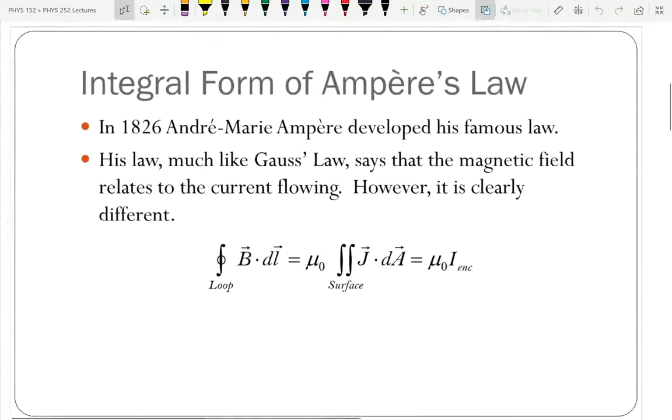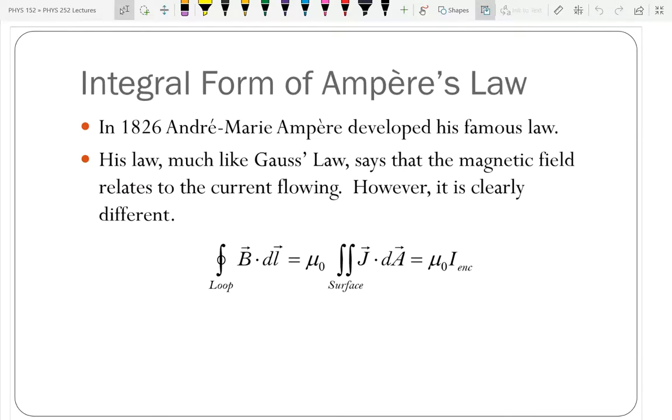Just a little history. It was in 1826 when this gentleman, André-Marie Ampere, developed his famous law.